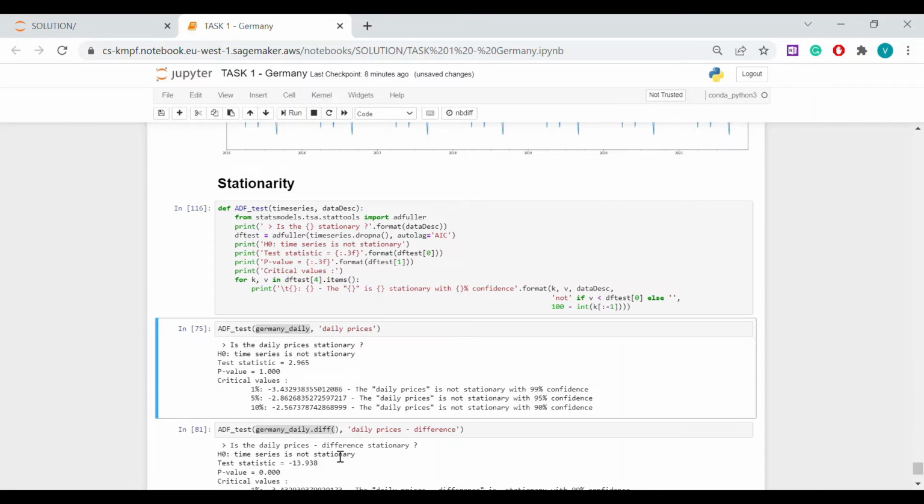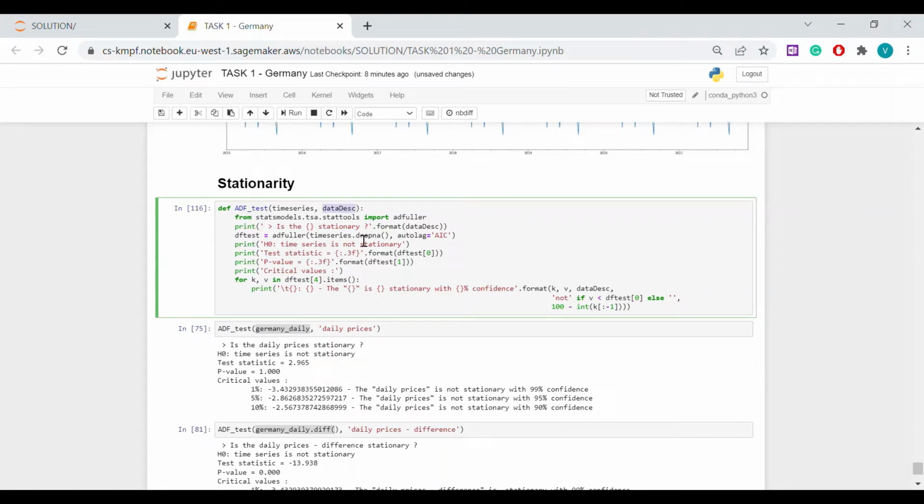The last thing that we consider for the first task is the stationarity of our time series. So we will use this function, ADF test, which takes as parameters the time series itself and the data description in string format.